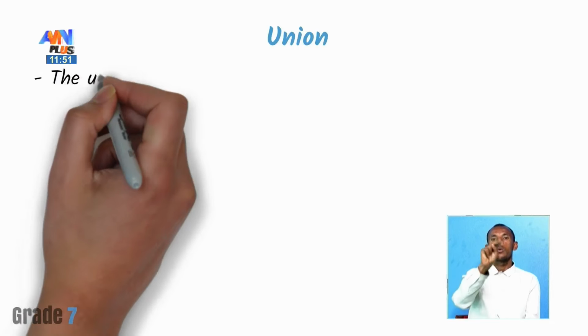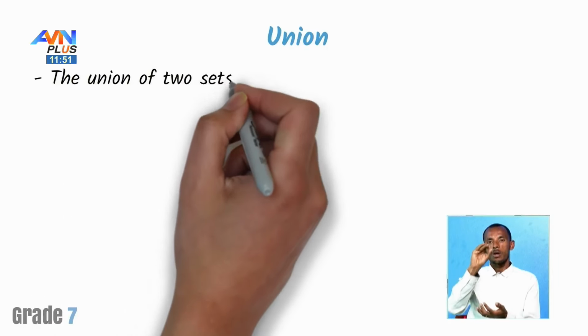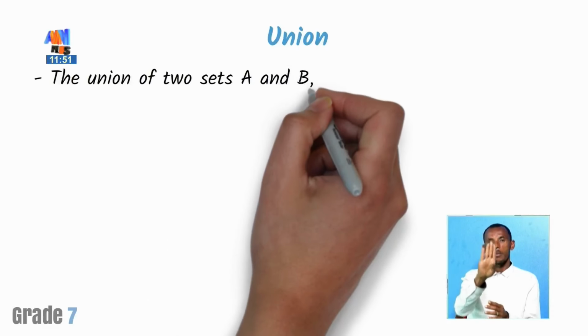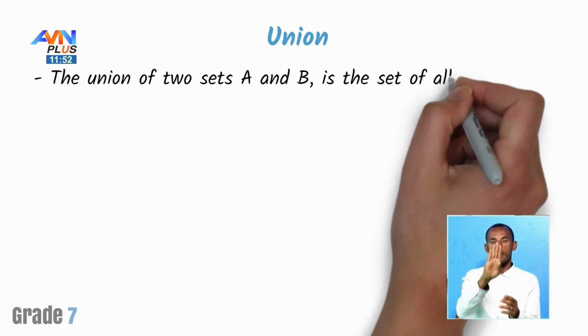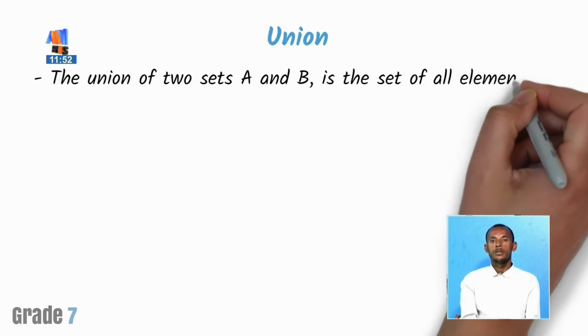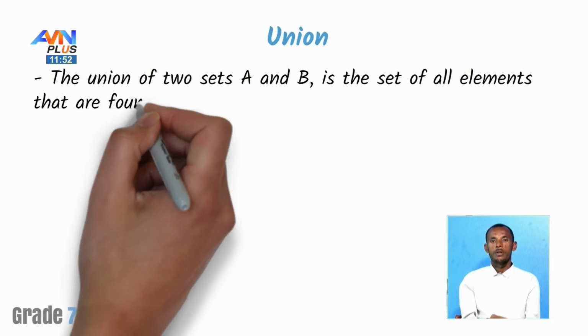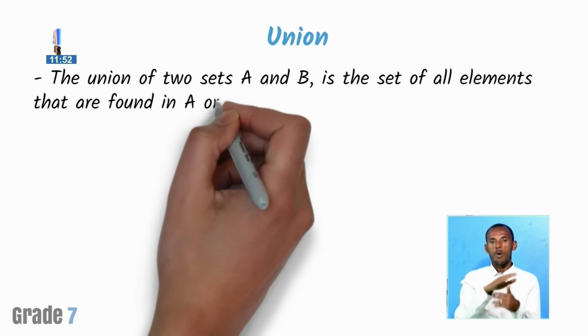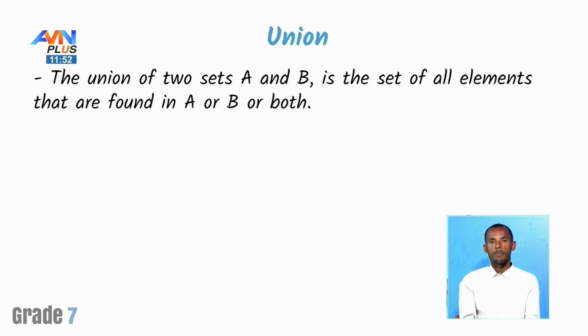The union of two sets A and B is the set of all elements that are found in A or B or both.